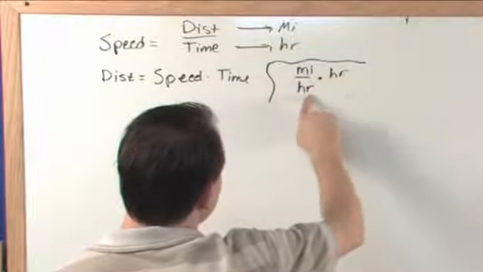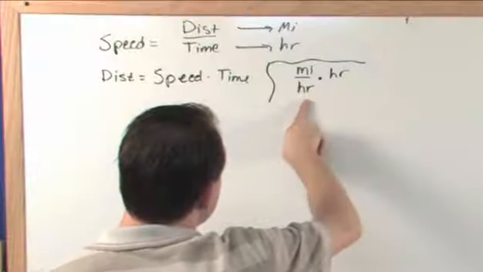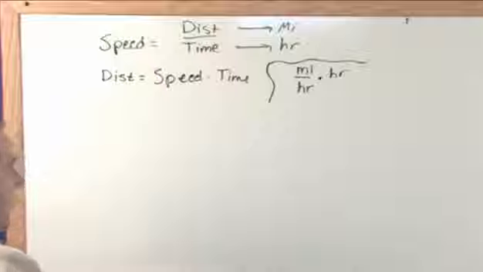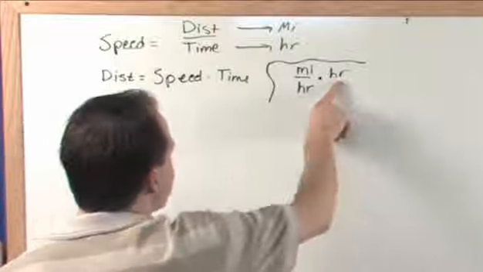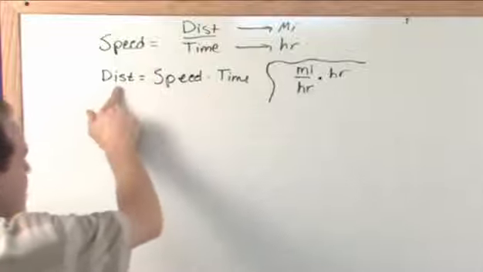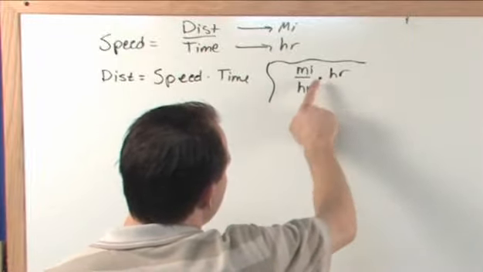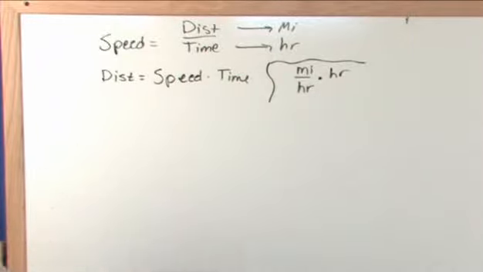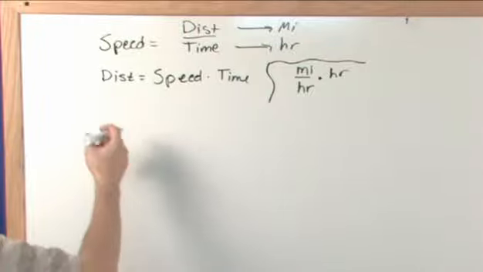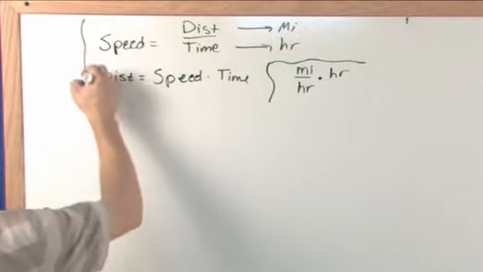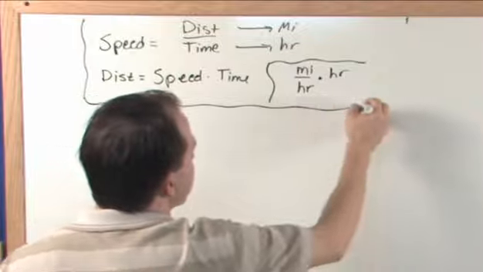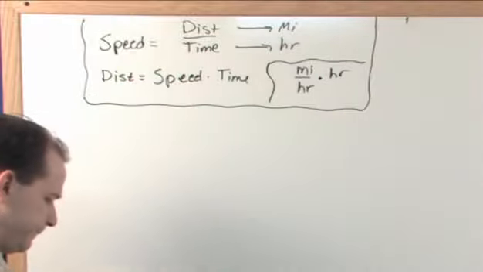Hours can cancel with hours. You have hours on the top, hours on the bottom. It leaves you with distance, okay? So miles per hour times hours, which is what we're saying here, is equal to distance. And the units work out too. Miles per hour times hours, hours cancel, leave you with distance. That's really why it works, okay? So I'm going to leave this on the board, okay, because we're going to use it.